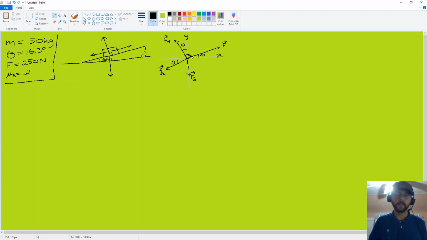In fact, for these types of problems, you don't want to do it that way. You want to shift the x-axis around so that it lines up with the pushing force, since the acceleration is in the direction of the pushing force, as given in the problem. In this case it makes more sense to line up the x-axis with that force so that it's lined up with the final acceleration.